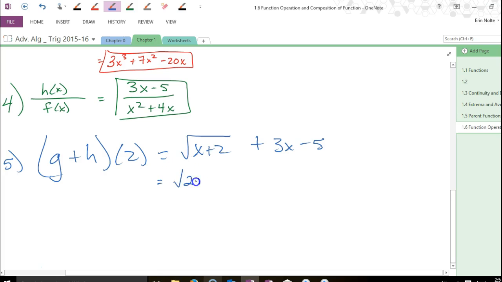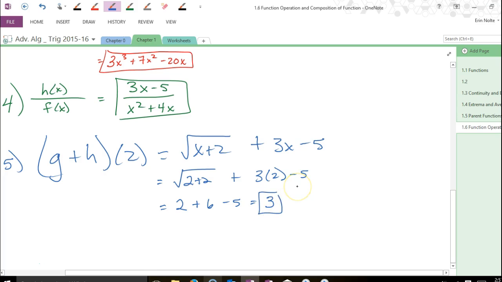So I get the square root of 2 plus 2, plus 3 times 2 minus 5. What's 2 plus 2 inside that square root? 4, and the square root of 4 is 2. Then plus 3 times 2, which is 6, minus 5. So 2 plus 6 is 8, and 8 minus 5 is 3.